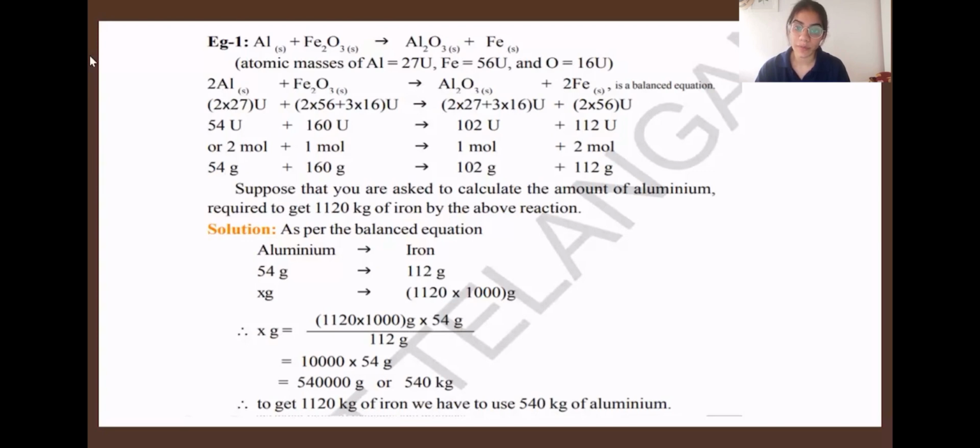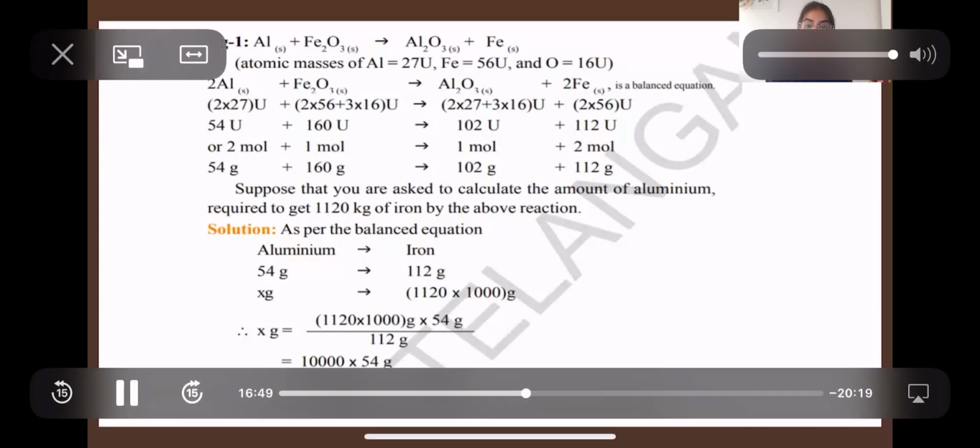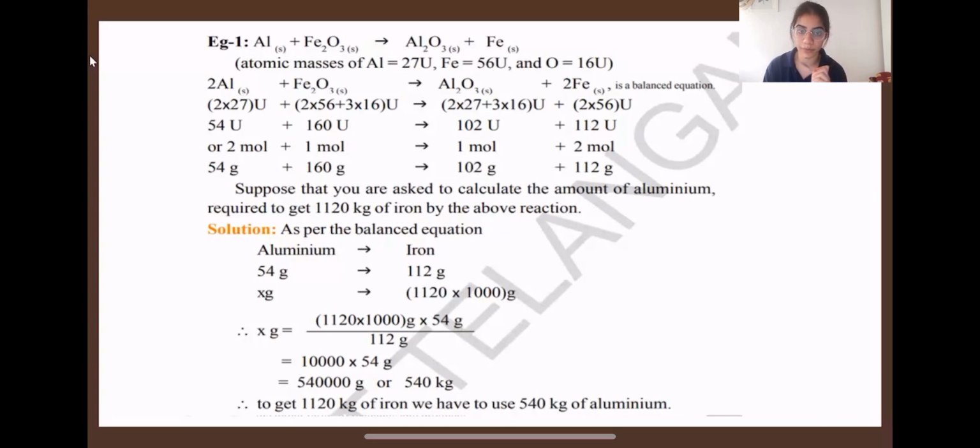The atomic mass of iron is 56 U, and the atomic mass of one oxygen atom, and not O2, is 16 units. The molecular mass of O2 is 32. So we have to now calculate the mass and add them according to the equation.